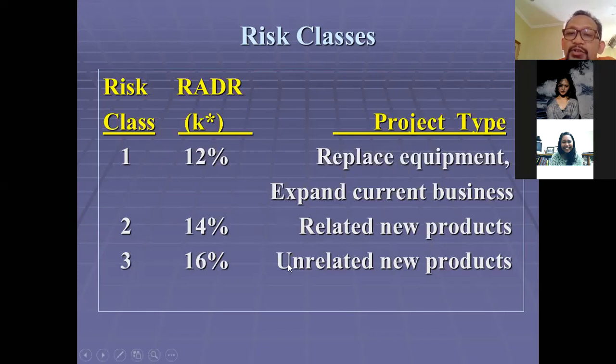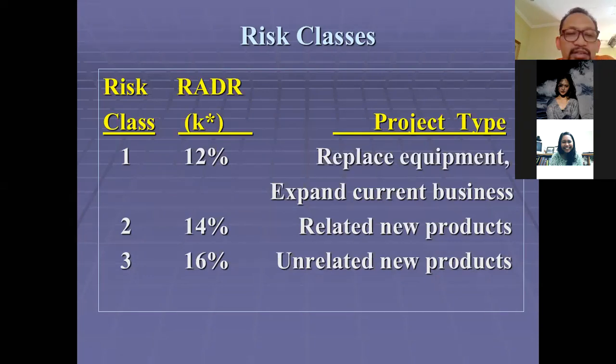This is if your project type is an unrelated new product. Let's say you sell trucks and then suddenly you want to sell, I don't know, maybe medical products. Medical products now, the demand is really higher.